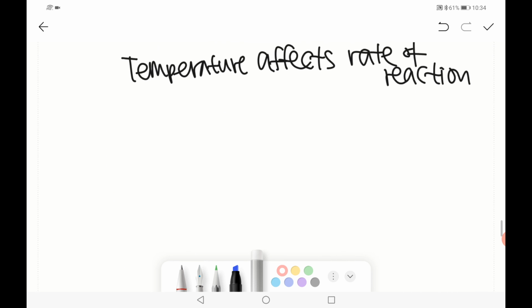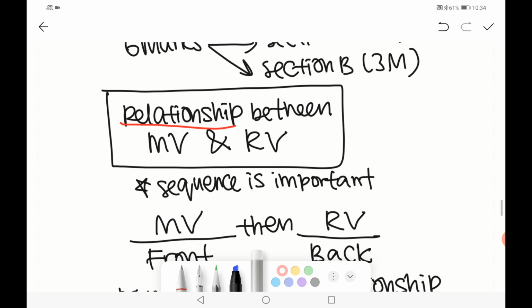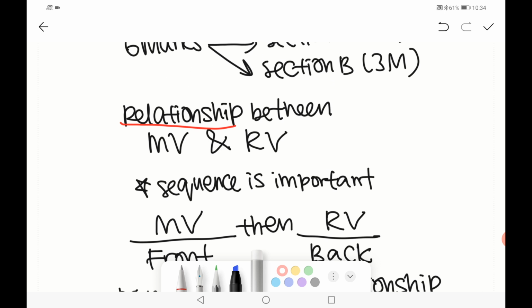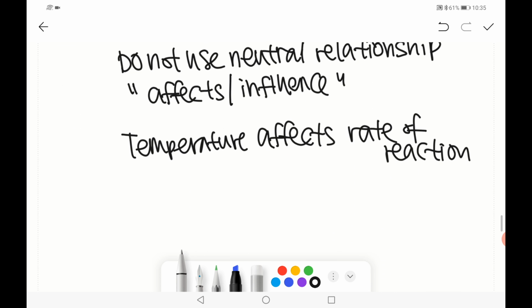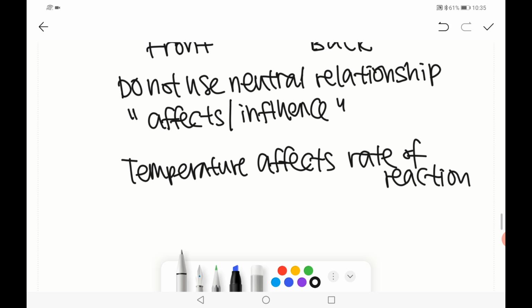So I change the words here, to get a more detailed relationship between manipulated and responding variable. That is a good hypothesis. How to make this a bit better? You can change it like this.